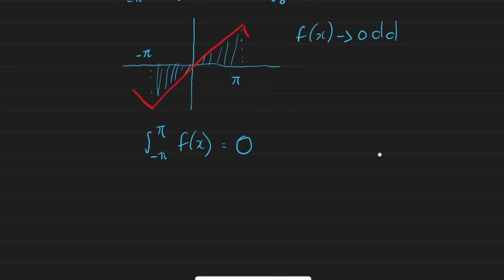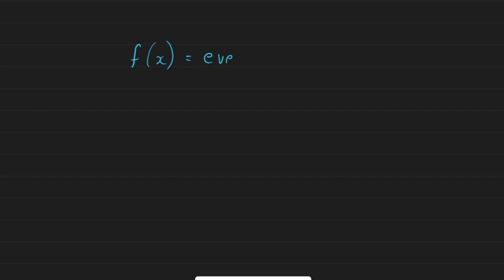So what does all of this mean in terms of the Fourier series? What it means, firstly, if we consider f of x being an even function. So f of x is an even function. We will remember that a naught is equal to 1 over pi times the integral from minus pi to pi of f of x dx.